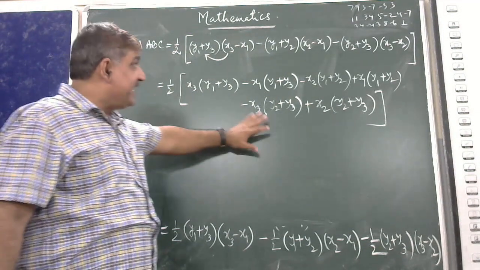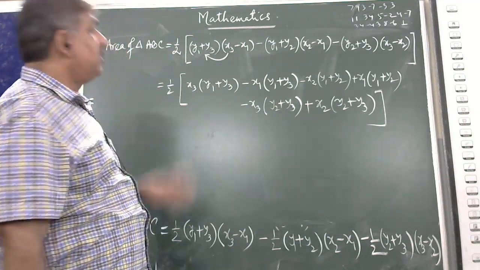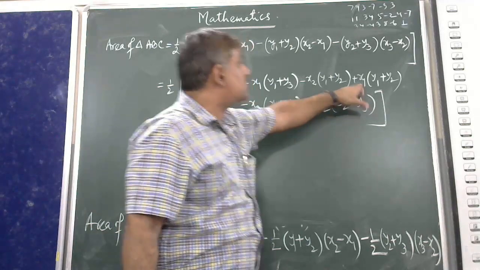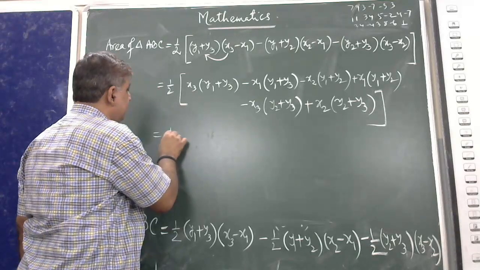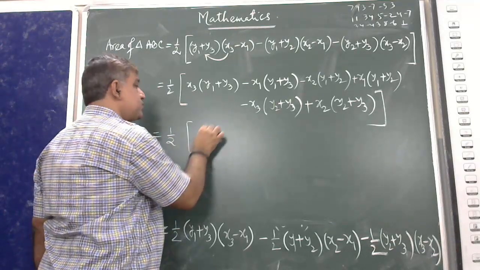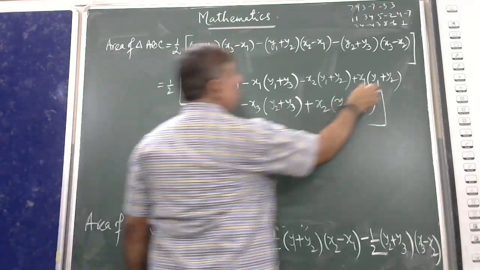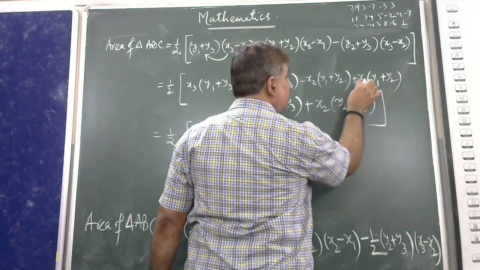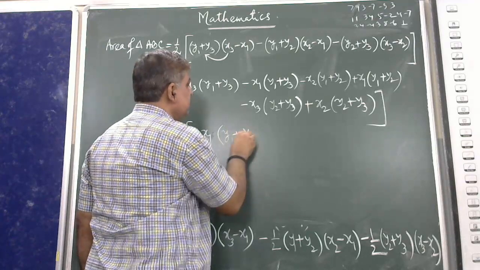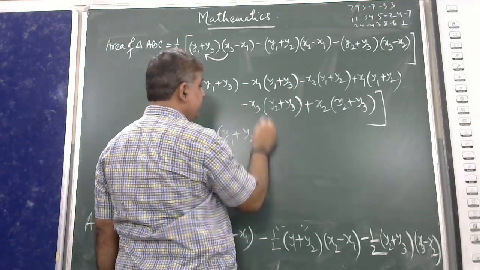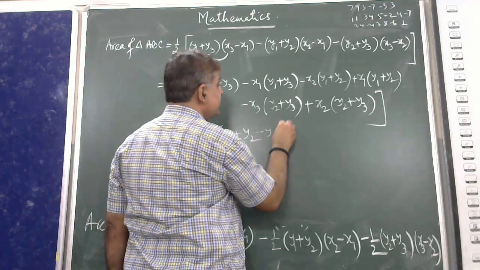Now try to write in order. Order means first write the terms containing x1. So how to write it? You see here, half. You can write x1 first. Then in the bracket, this one is positive, so first we write y1 plus y2 in the bracket, and then here we have minus, so minus y1 minus y3.